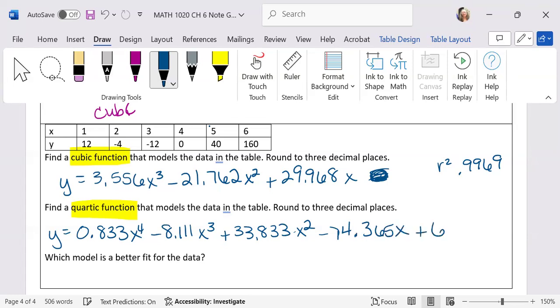X, and then 60 on the end. I'm going to go ahead and put the 3 zeros. The r squared value is 0.9996. Of the 2 r squareds, this one's bigger, so that means the quartic is the better fit for the data. And that is it for section 6.2.